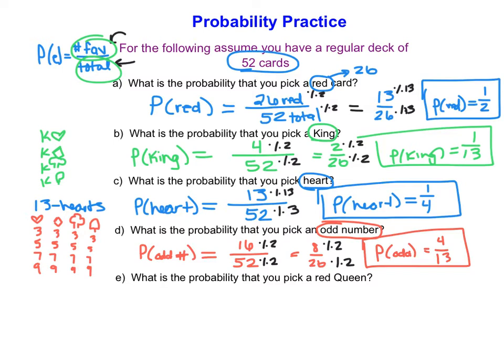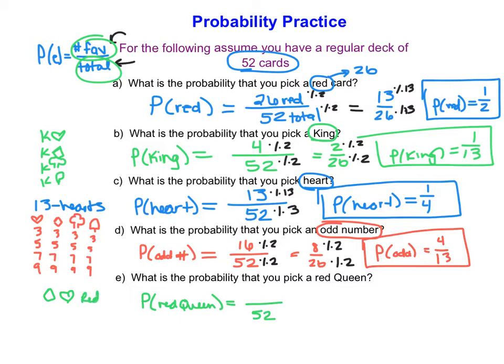All right, and the last one here, I want the probability that I pick a red queen. So total goes in my denominator, that's 52. I then need to figure out how many red queens there are. So I have to think through, okay, what suits are red? Well, I remember that diamonds and hearts are both red.